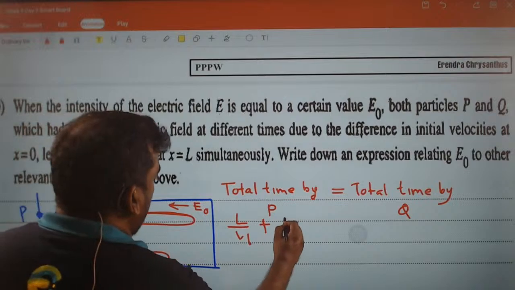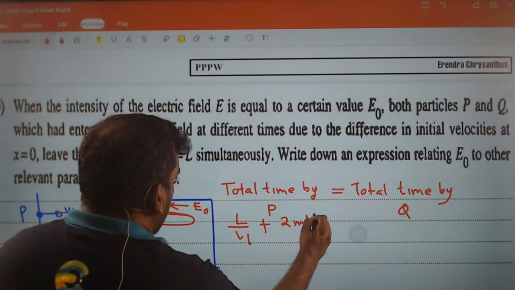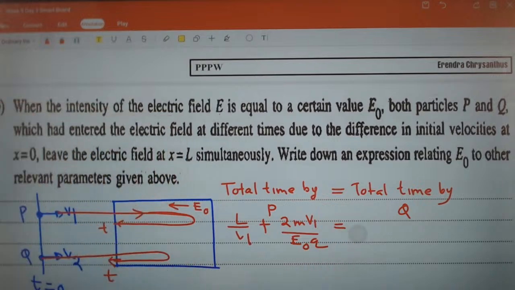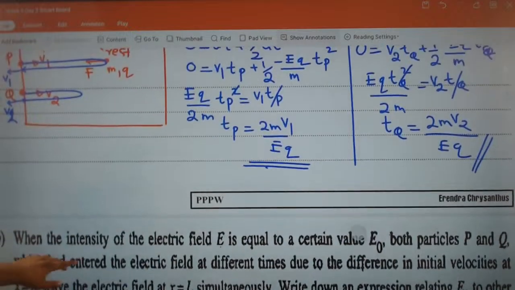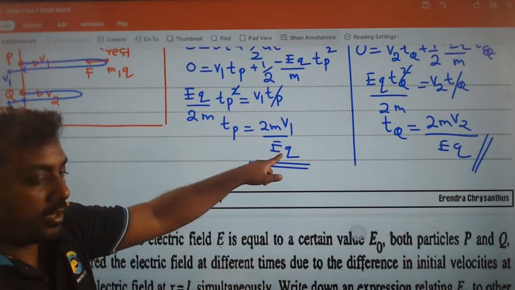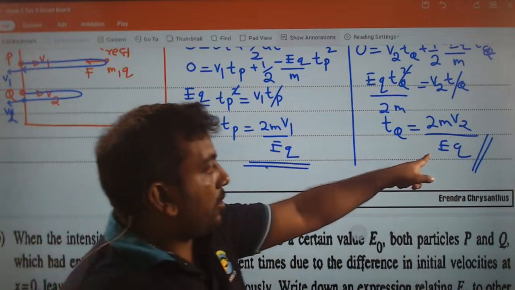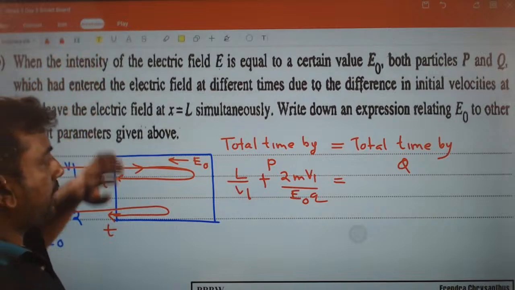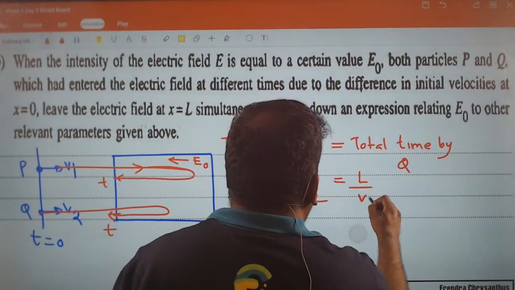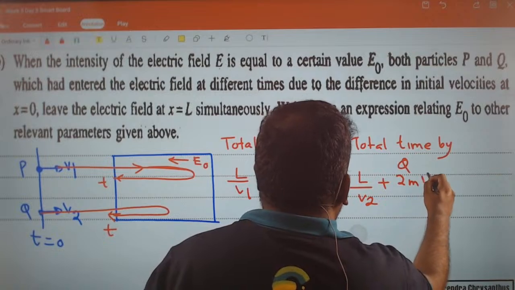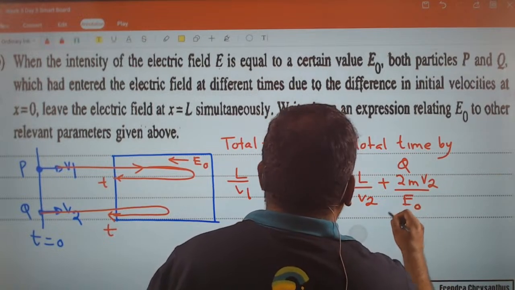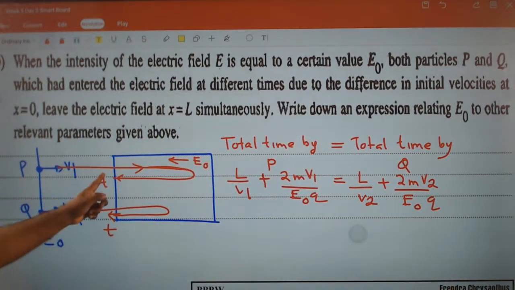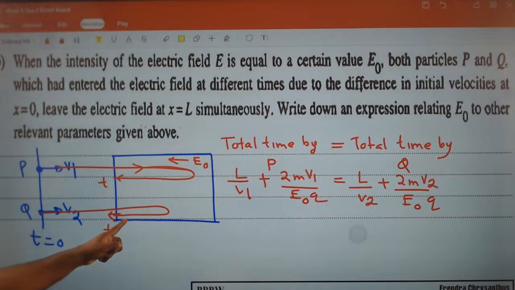Inside, of course, you have found 2m V1 divided by E naught Q. You can substitute E naught there. Now for Q, outside it is L over V2, and inside 2m V2 divided by E naught Q. So time outside is different, time inside is also different.